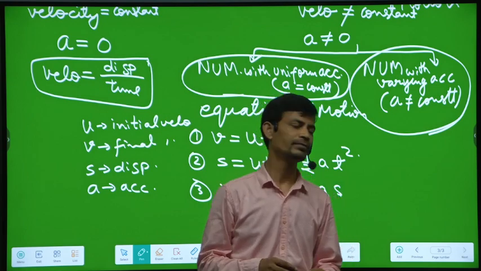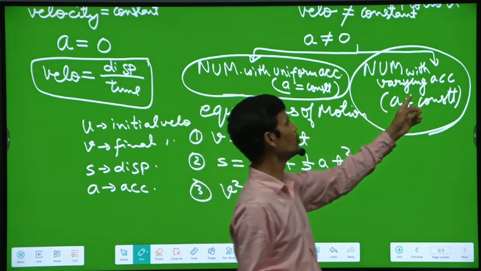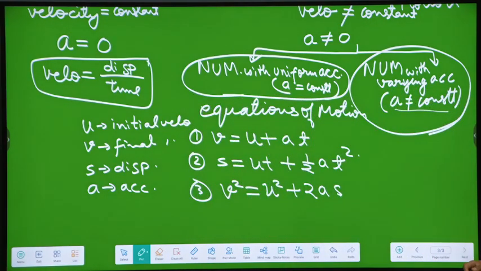So these are some of the examples of non-uniform motion with non-uniform acceleration.